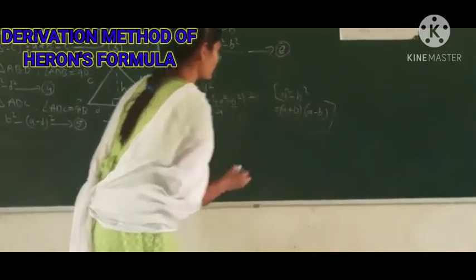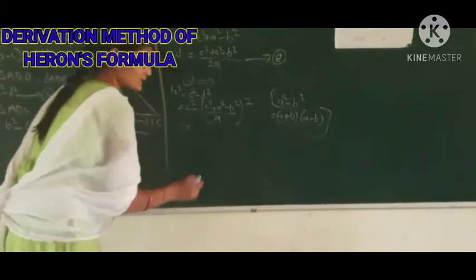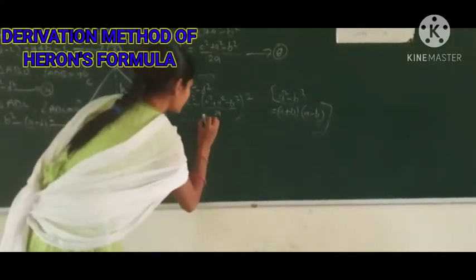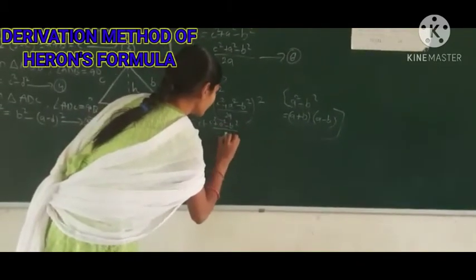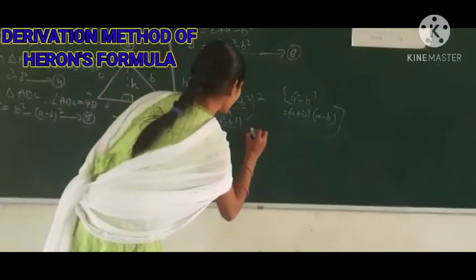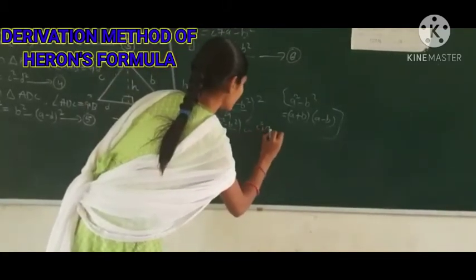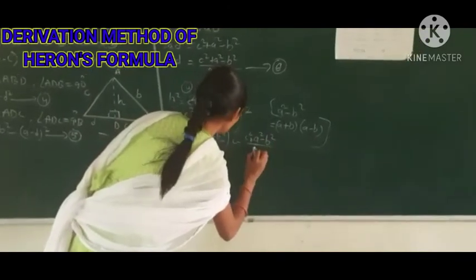We use this formula, we get c plus (c square plus a square minus b square) by 2a, and c minus (c square plus a square minus b square) by 2a.